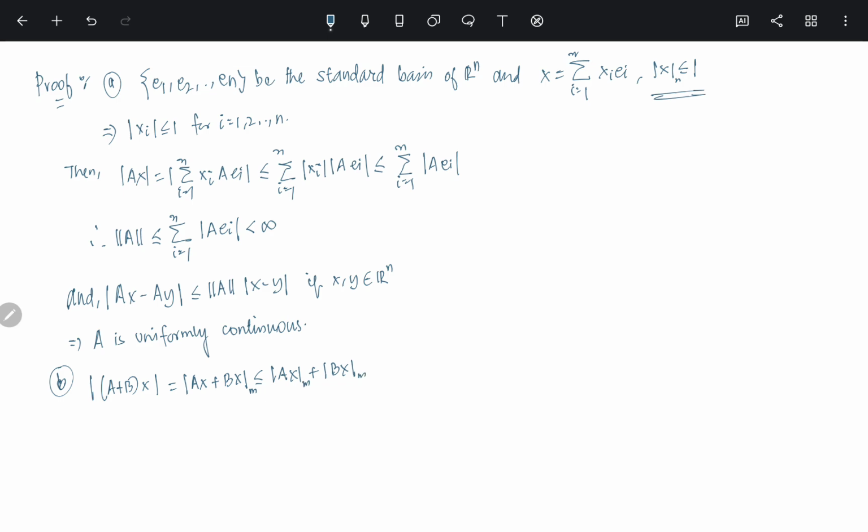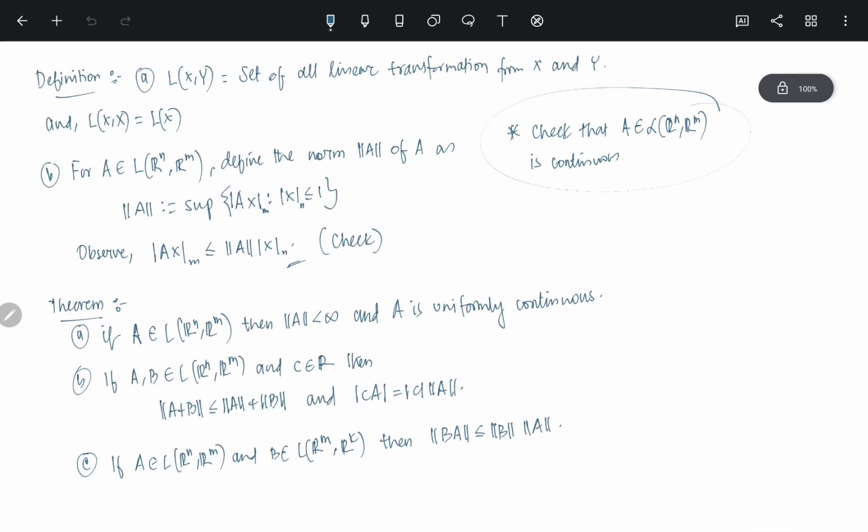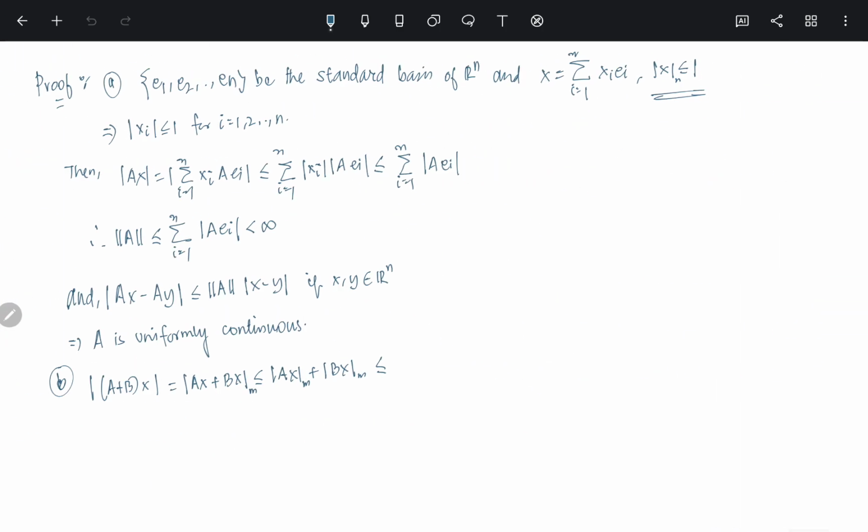Then, using the inequality that the norm of A x is dominated by the norm of A times the norm of x, this is dominated by the norm of A plus the norm of B, times the norm of x. Clear? Once this is true, of course you can take the supremum and the result follows.